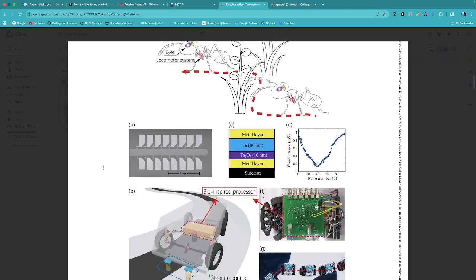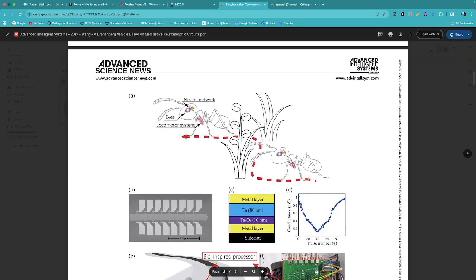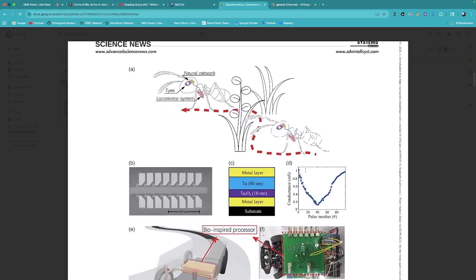In A, they have the ant engaging in obstacle avoidance. So this ant is moving around the stalk here, and it's doing so through this system that I just described. So it's doing this path following. It's able to develop an adaptive path through a cluttered environment.